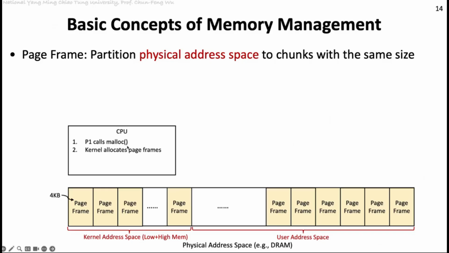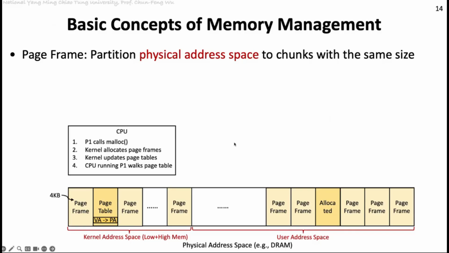So if P1 calls the malloc function, then the kernel allocates a page frame, for example like this, the allocated one, and then the kernel will update the page tables. Then the CPU running P1 will walk the page table to get the location of the allocated page frame. So this is a simple example of the connection between memory allocation and the page table.